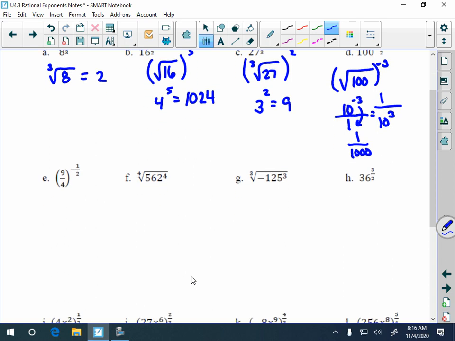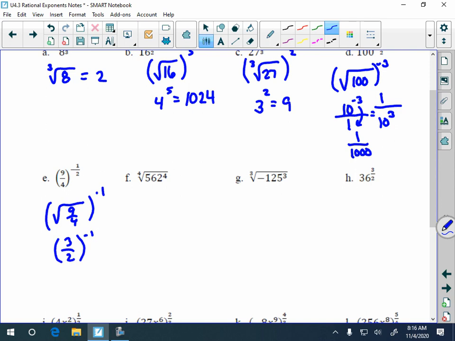9/4 to the negative half. So again, I'm going to make this a radical. It's the square root of 9/4 raised to the negative 1 power. So I can simplify the square root of 9/4. If you remember when we did radicals earlier, you can split this up into the square root of 9 over the square root of 4, and that simplifies to 3/2 to the negative 1.